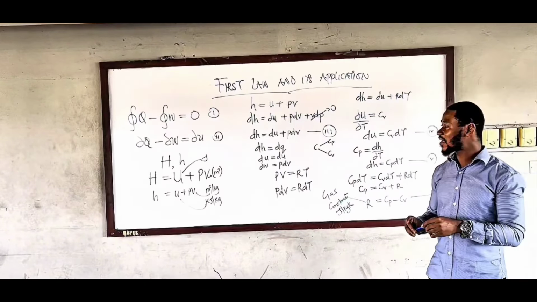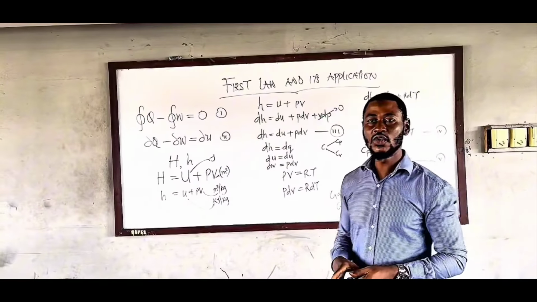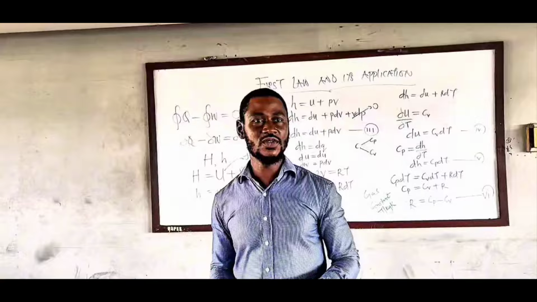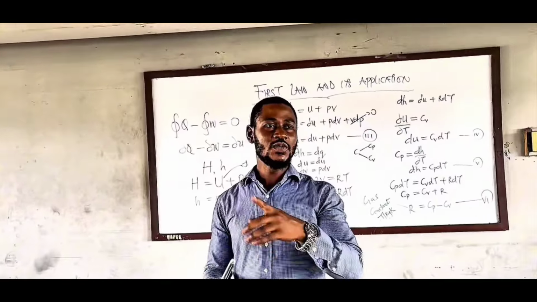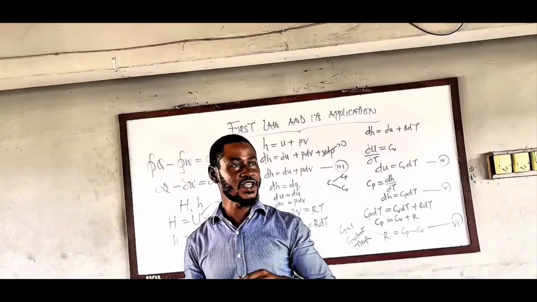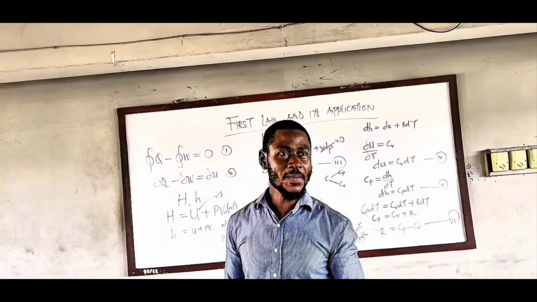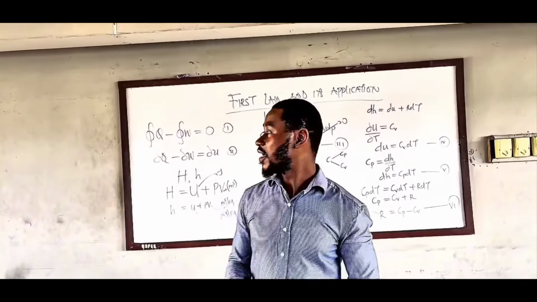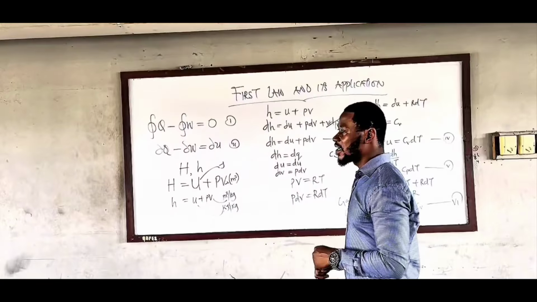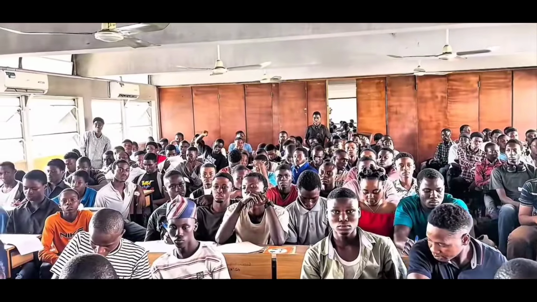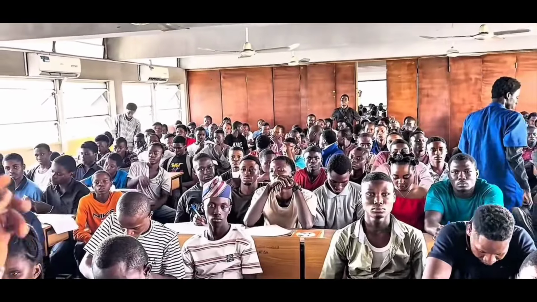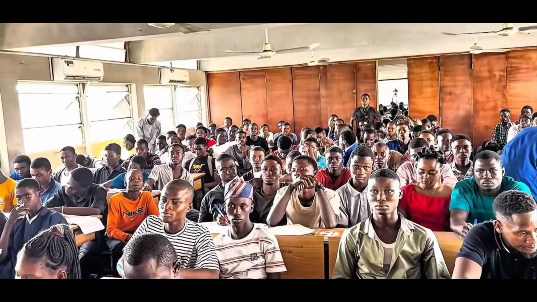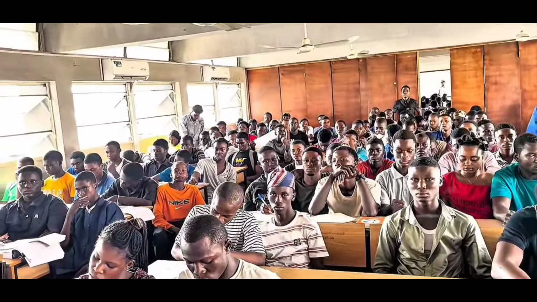We are going to look at another term, which is also known as the specific heat ratio. The specific heat ratio is defined as the ratio of specific heat at constant pressure to specific heat at constant volume.